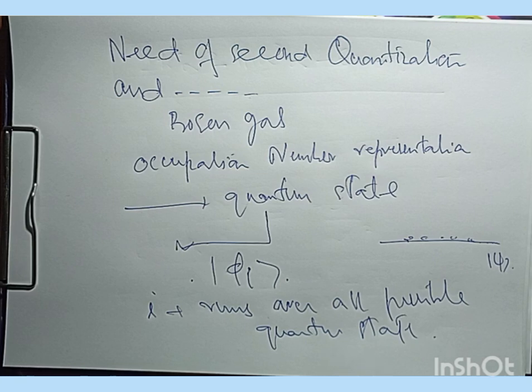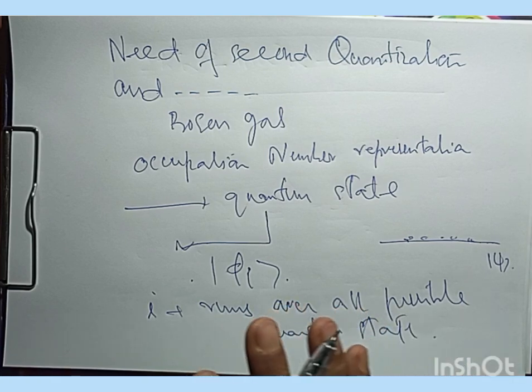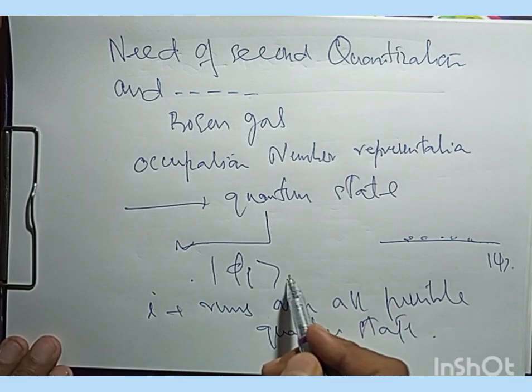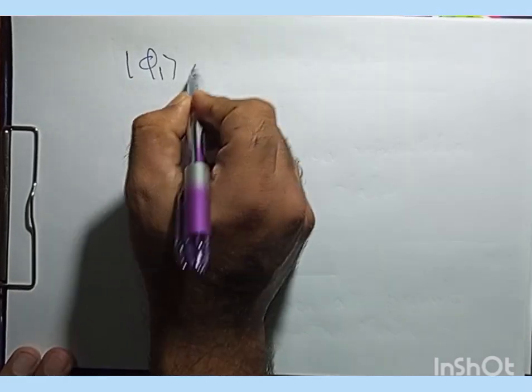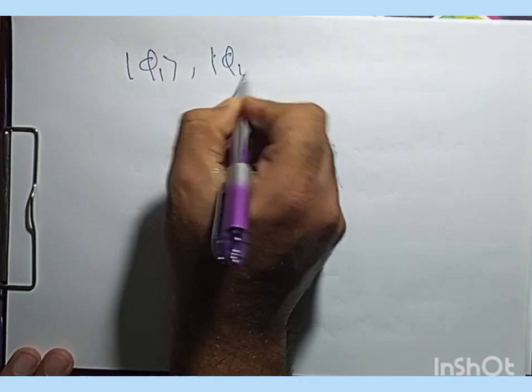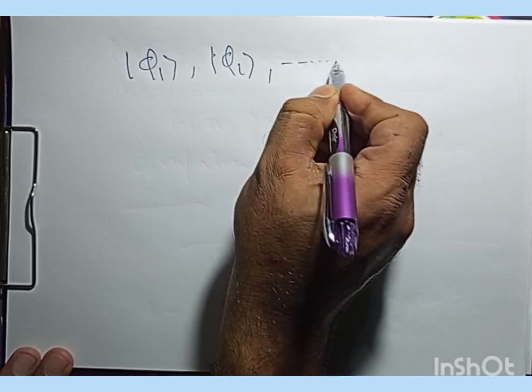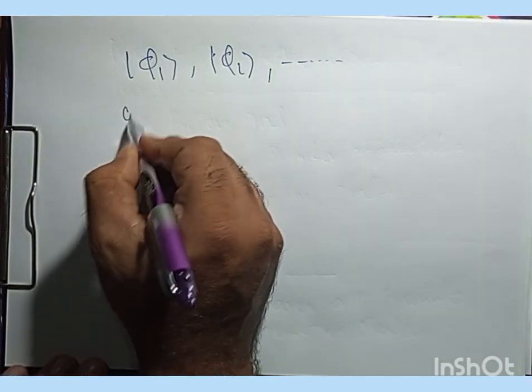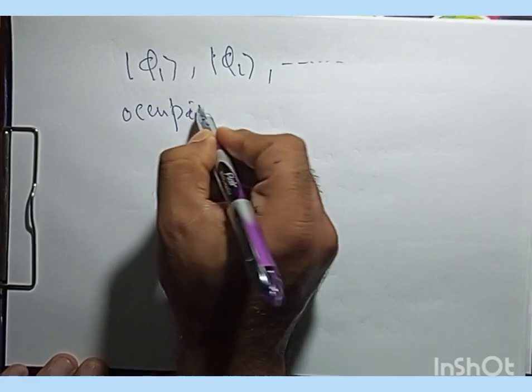Now, if this system contains bosons, the state of the system is described by how many particles occupy each quantum state. If I label these quantum states as, say, phi 1 and then phi 2 and so on, a typical state of the system is described by the set of occupation numbers. This is an important point.